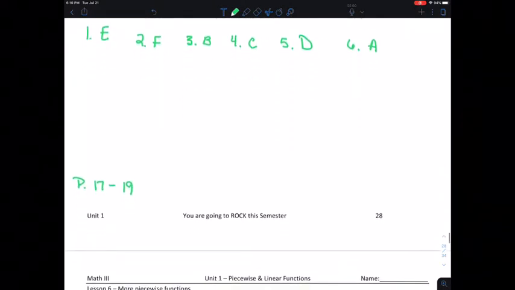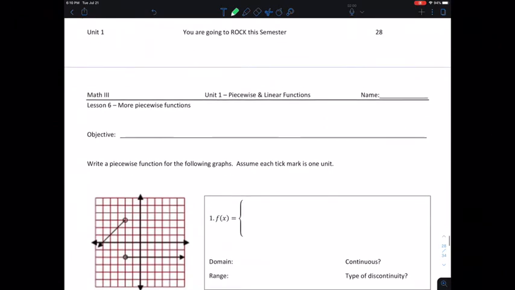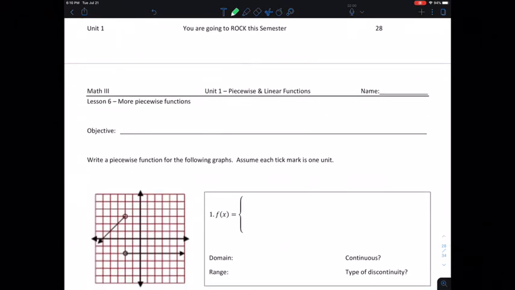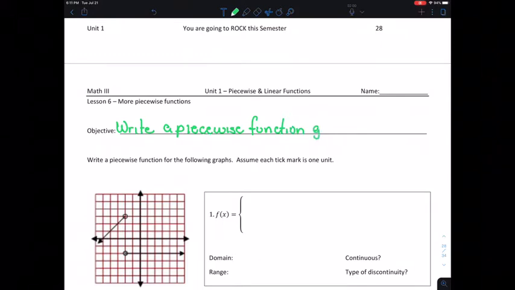Okay, so today we're going to start by writing a piecewise function. Our objective today is to write a piecewise function given a graph or information about the function.